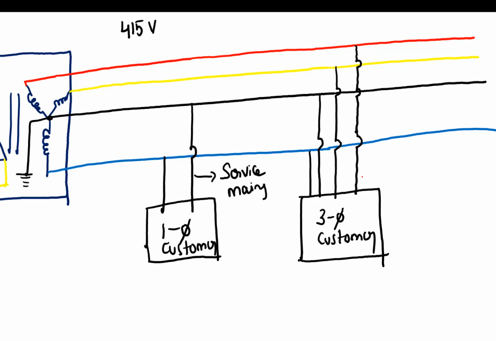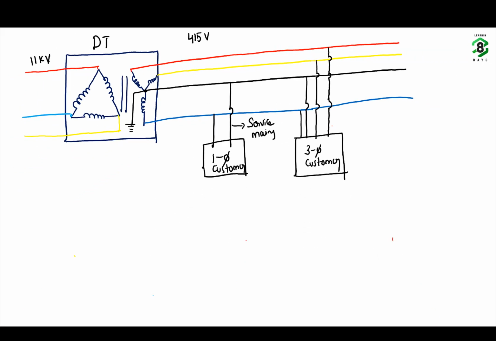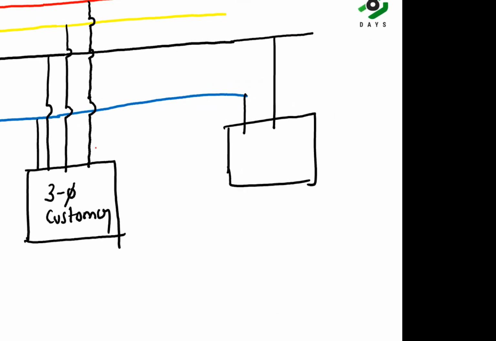Understand? So here in any distributor, if you only have the source at one end, what is the practical problem? The customer who is tapping the supply near to the DT will have high voltage, and definitely the customer who is tapping supply from the far end will have low voltage.